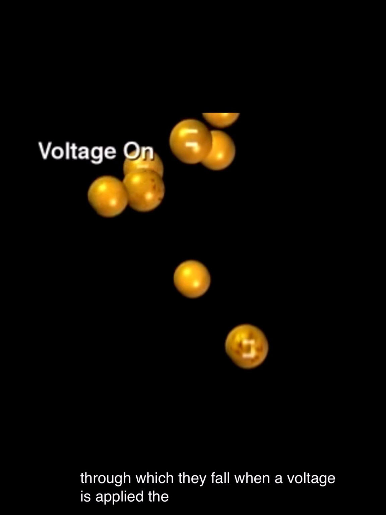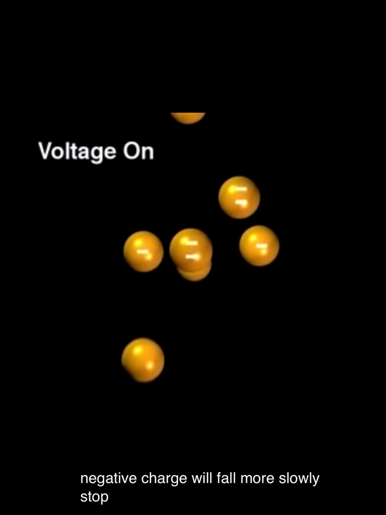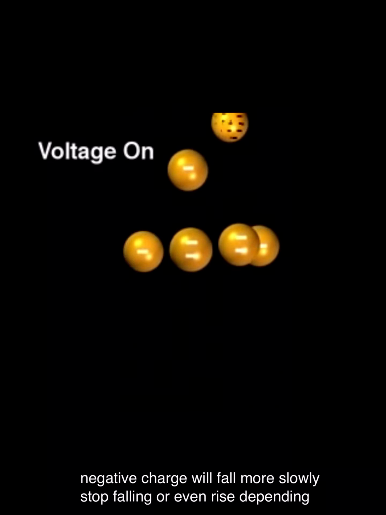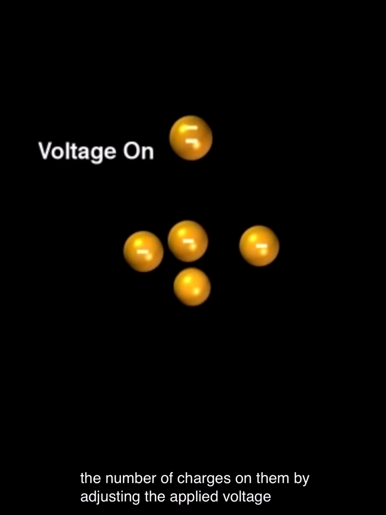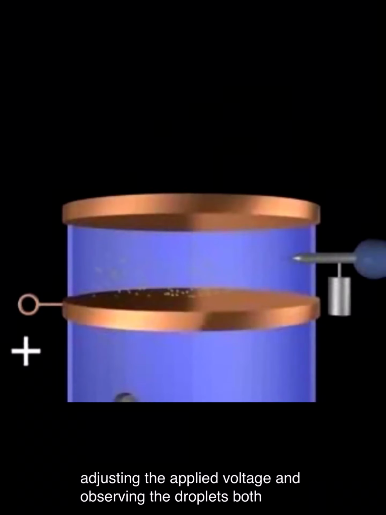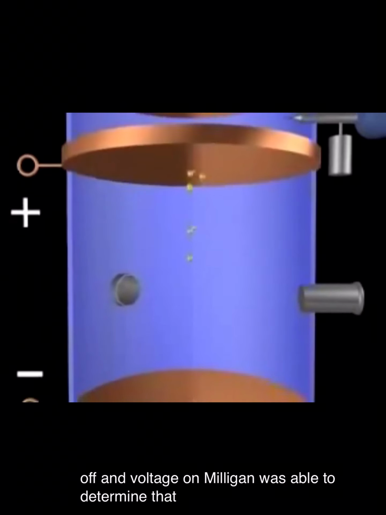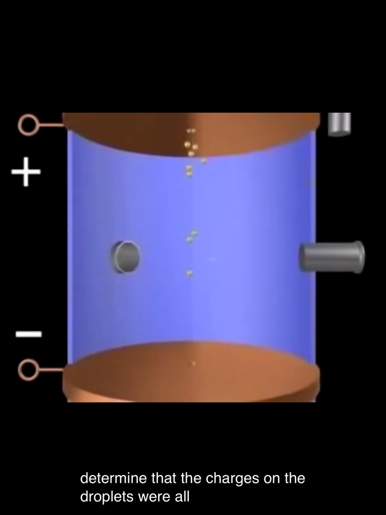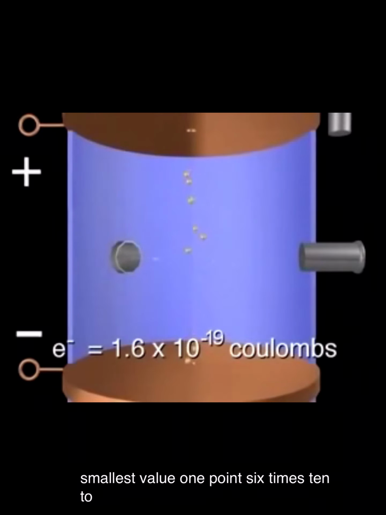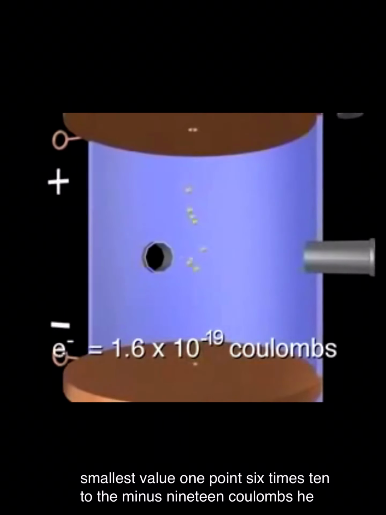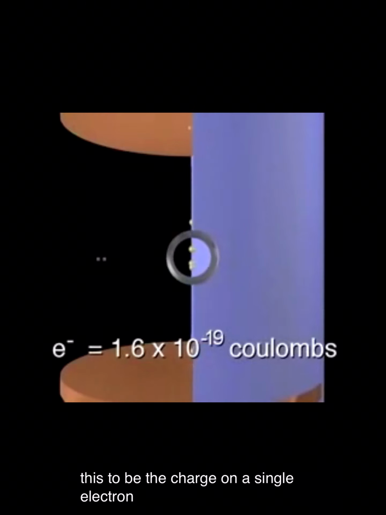When a voltage is applied, the droplets that have a negative charge will fall more slowly, stop falling, or even rise, depending on the number of charges on them. By adjusting the applied voltage and observing the droplets both with voltage off and voltage on, Millikan was able to determine that the charges on the droplets were all multiples of a smallest value, 1.6 times 10 to the minus 19th coulombs. He took this to be the charge on a single electron.